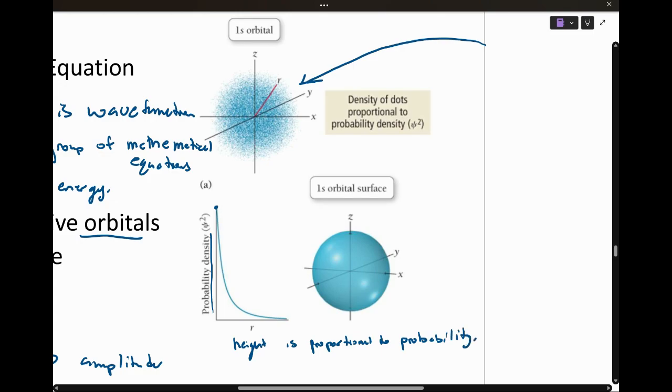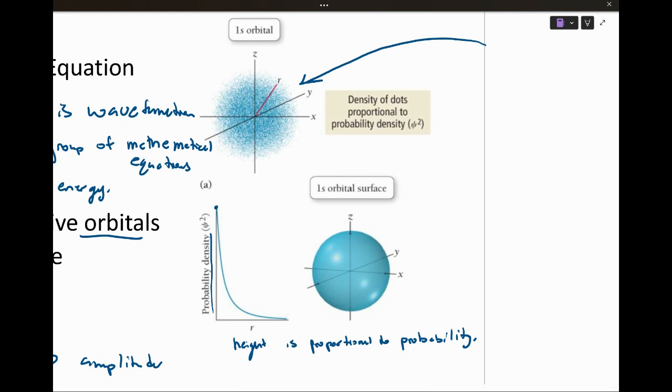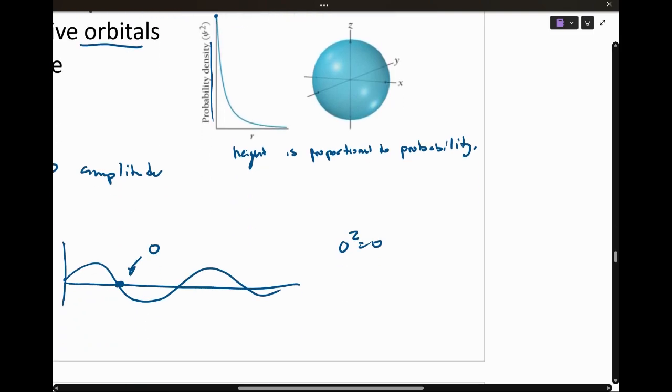Okay. And what it looks like here is that the electron seems to have its highest probability at the center of the atom, so at the nucleus. And that is something that we said before, like, not likely to happen. It's more that the electron is crossing nearby the nucleus. It's not being absorbed into the nucleus.